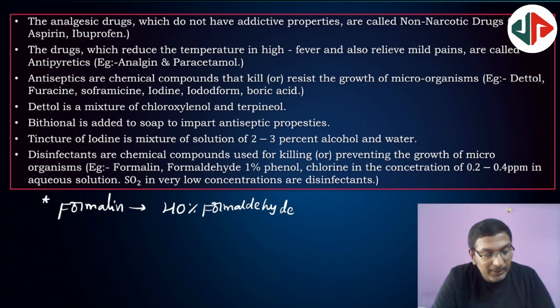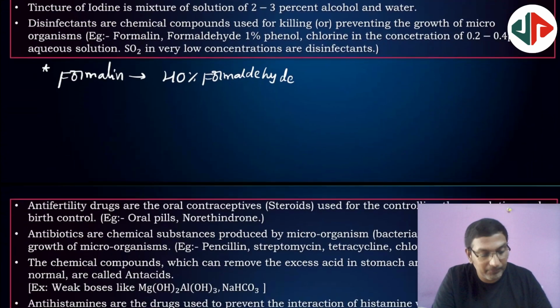Next, 1% phenol, and chlorine in a concentration of 0.2 to 0.4 ppm. Next, SO2 in low concentration are disinfectants. So these are the examples of disinfectants, very, very important.